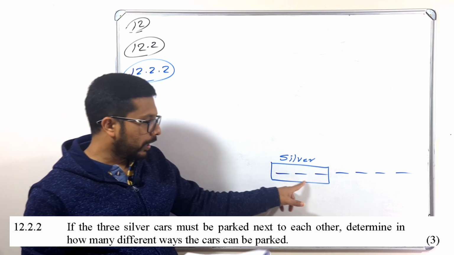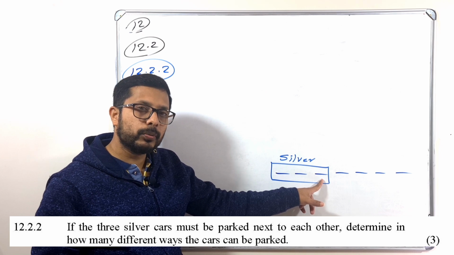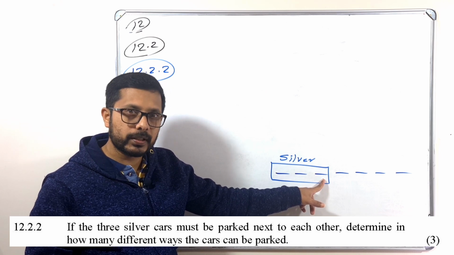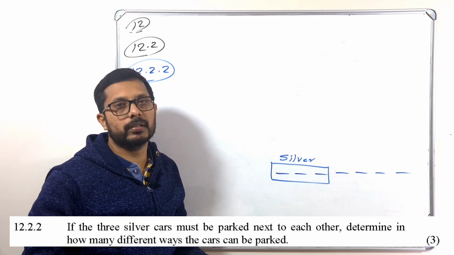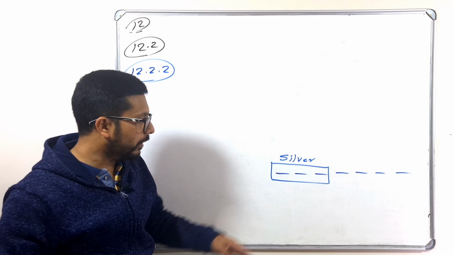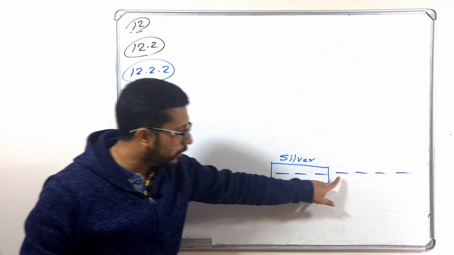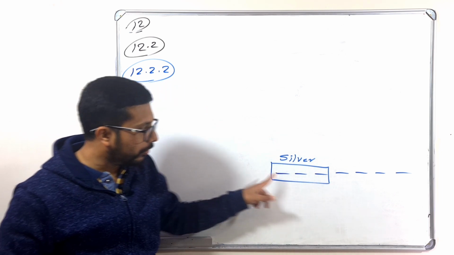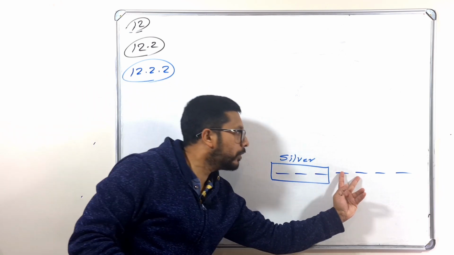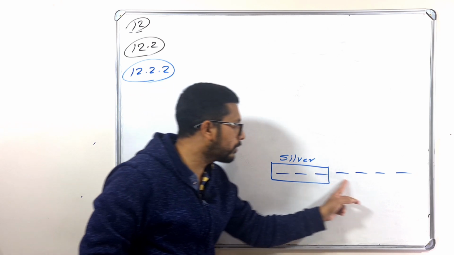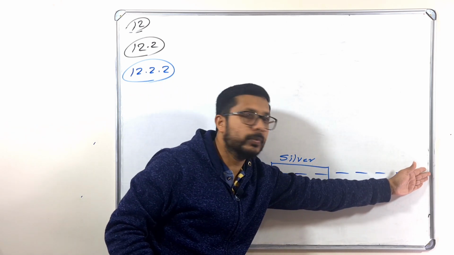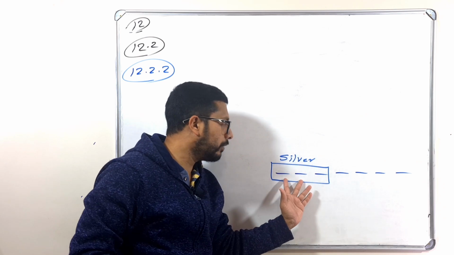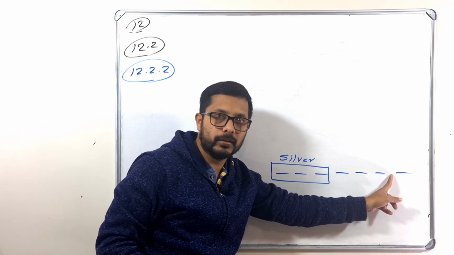Okay, so these 3 silver cars want to park together, always next to each other. Then how many different options are there? It means that maybe this guy can come here, or these 2 guys can come here, or these 3 guys can come here, or this silver can go at the back, or these 3 silver cars can park here.